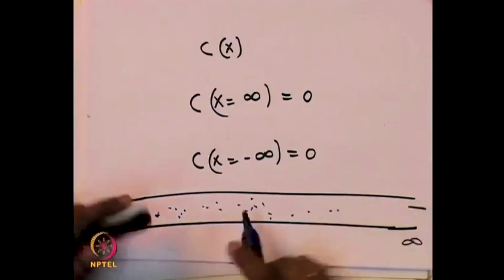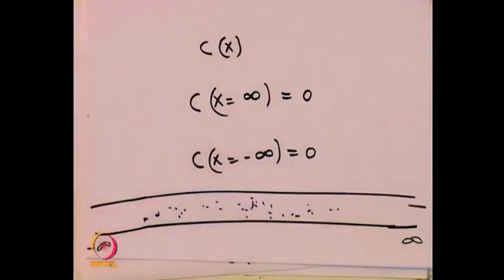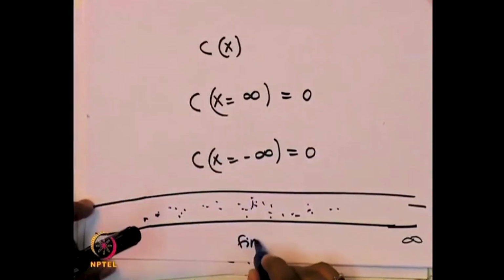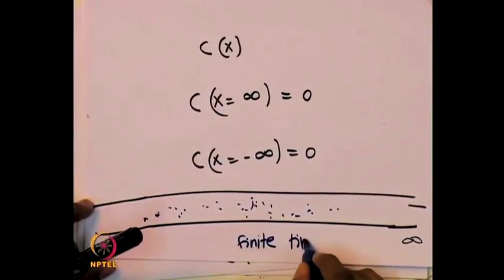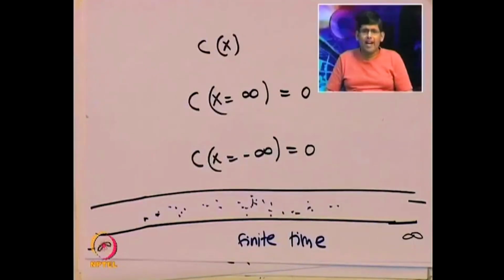They will still be diffusing somewhere near the initial point. At any finite time, after 1 minute, 2 minutes, 3 minutes, even after 10 minutes, it would not have gone that far. It will still be at a finite distance x.